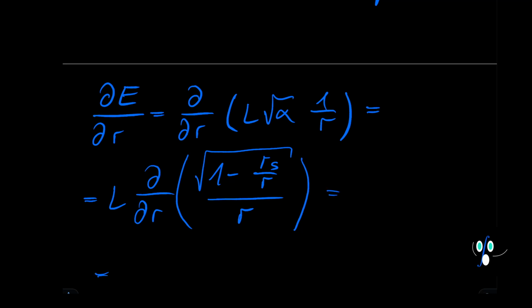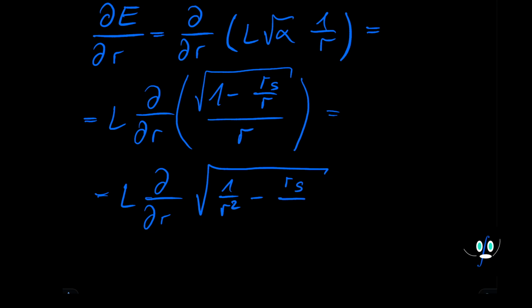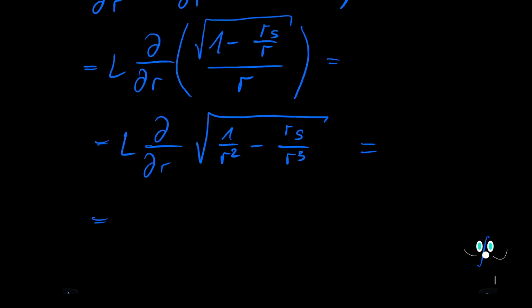Let's rewrite this expression. First, this square root divided by r. So we can rewrite this as L times the derivative with respect to r of the square root of 1 over r squared minus rs divided by r to the power of 3. Now this is quite easy to take the derivative of, so all we get here is 1/2 times L times minus 2 r to the power of minus 3.